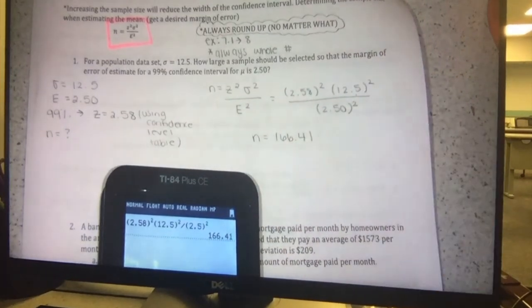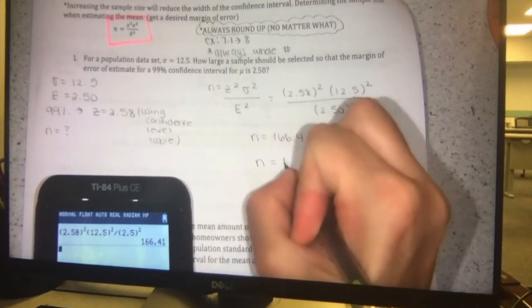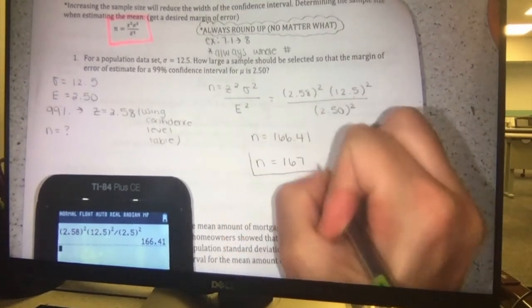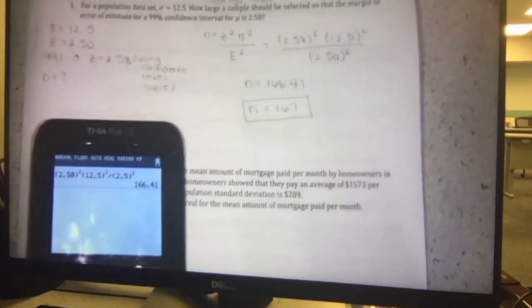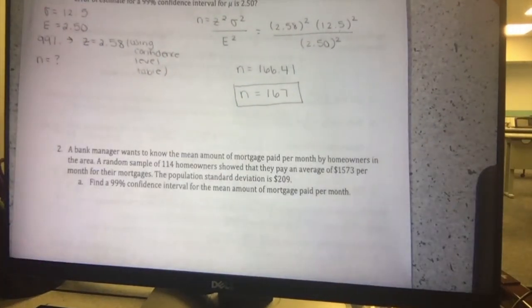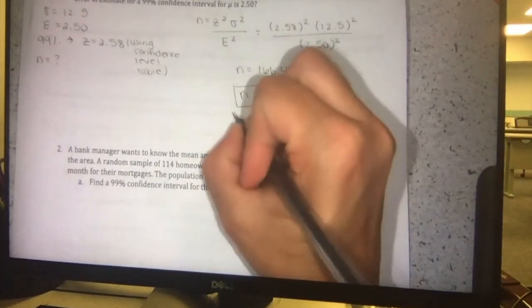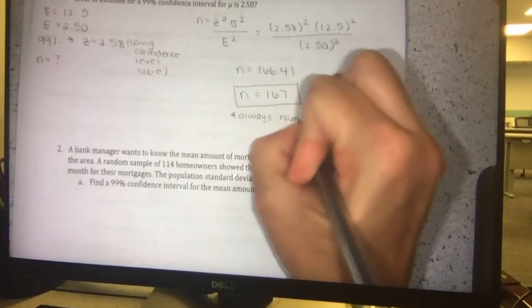But remember, no matter what, always round up to the next whole number. So n equals 167. Our sample should be 167 to get that 2.5 margin of error with a 99% confidence level. Always round up to the next whole number.